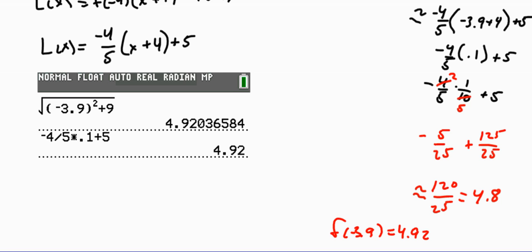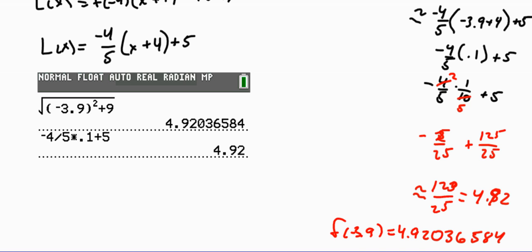That'll do it every time. So actually we have 2 right there, and then we actually have 4.92. I apologize, can't add. But you can see that our two answers are very, very close, up to the 10,000th place.